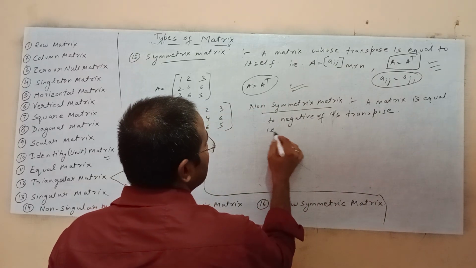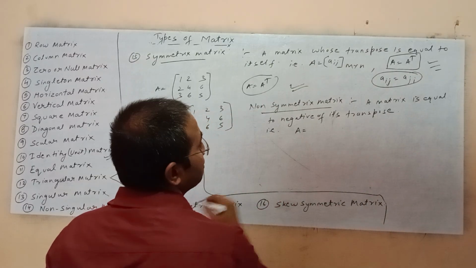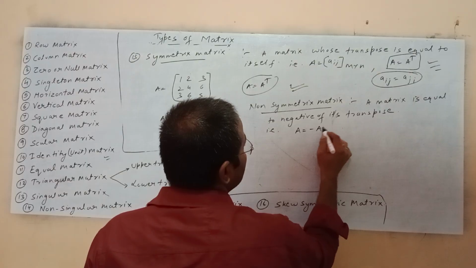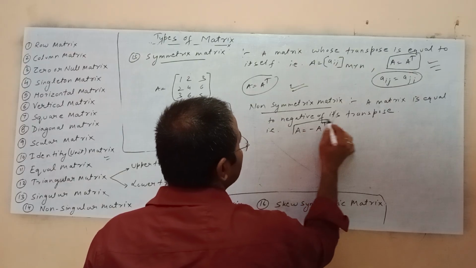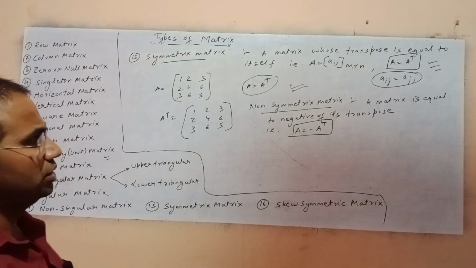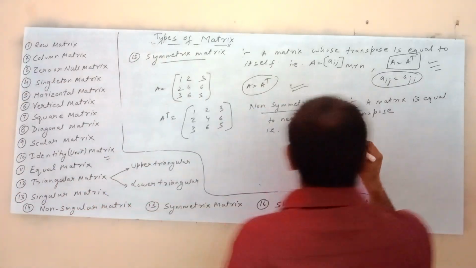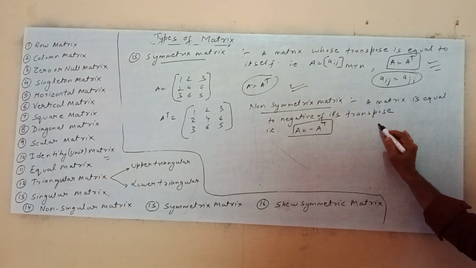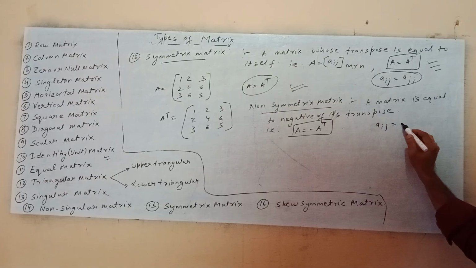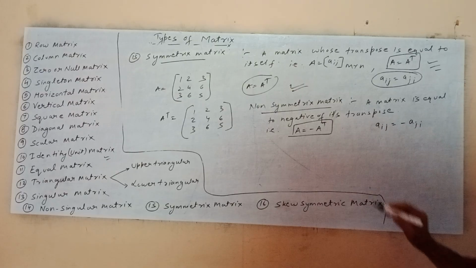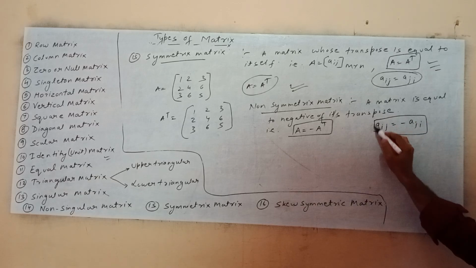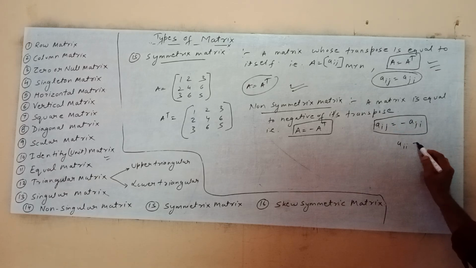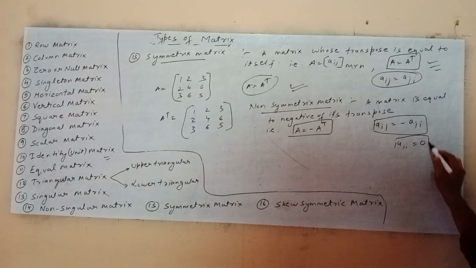That is, suppose matrix A is there, then minus A transpose will be equal to A. In this, what condition will be satisfied? Aij will be equal to minus Aji. First condition is this. Second thing, Aii is equal to 0 should be there.